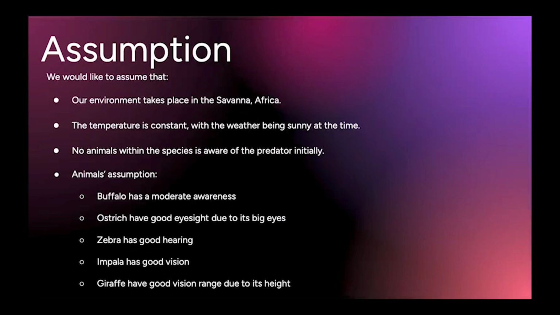We also define specific traits for each animal in our model, like buffalo have moderate awareness, ostrich have good eyesight due to their big eyes, zebra have good hearing, impala have good vision, and giraffe have good vision range due to their height. We made this distinction to give us realistic differences in detection skills that we can translate into parameters in our equation.